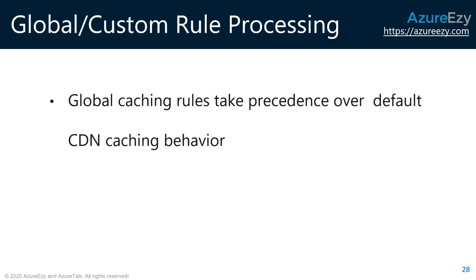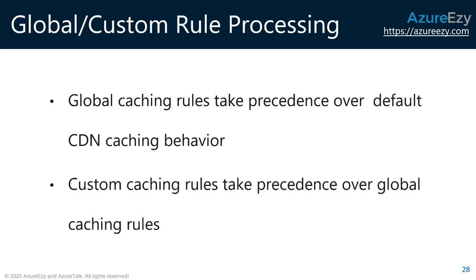If your CDN has any default caching behavior, your global caching rule will take precedence and will override that. Then if you have configured any custom caching rule, it will take precedence and it will override your global caching rule as well. So finally the custom rule will take precedence. So this is the precedence of your caching rules in CDN.